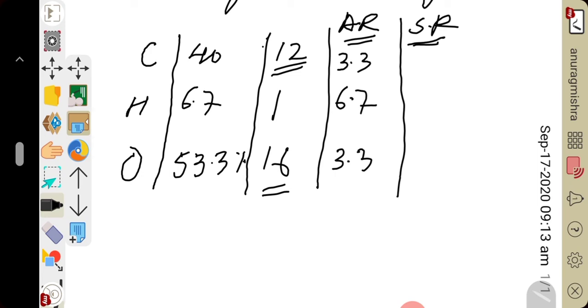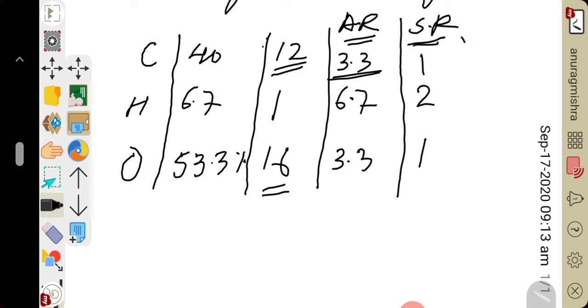So the smallest number here is 3.3. Including this smallest number, the others will be divided by this smallest number. So 3.3 by 3.3 is 1. 6.7 by 3.3, approximately the value will come 2, and again 3.3 by 3.3 is equal to 1. So the simplest ratio is for carbon 1, hydrogen 2 and oxygen 1.